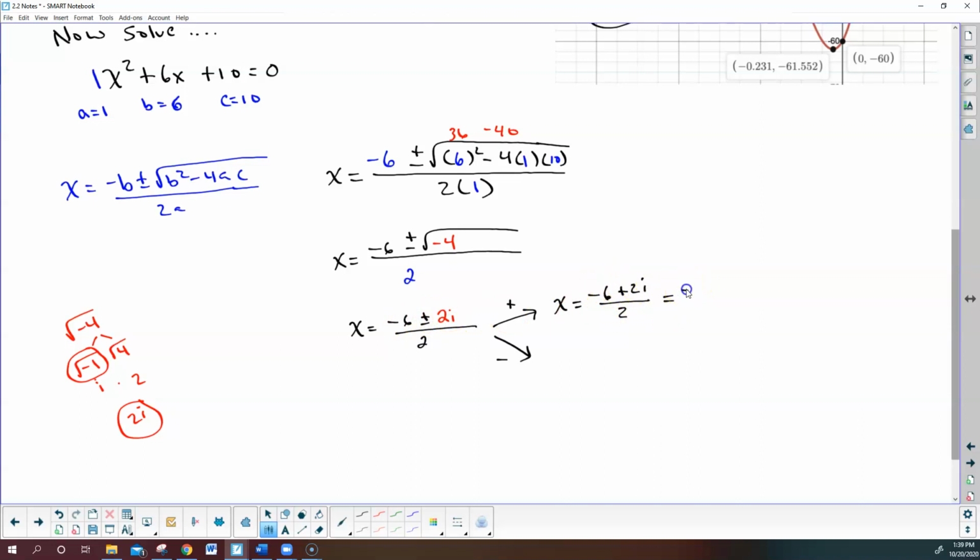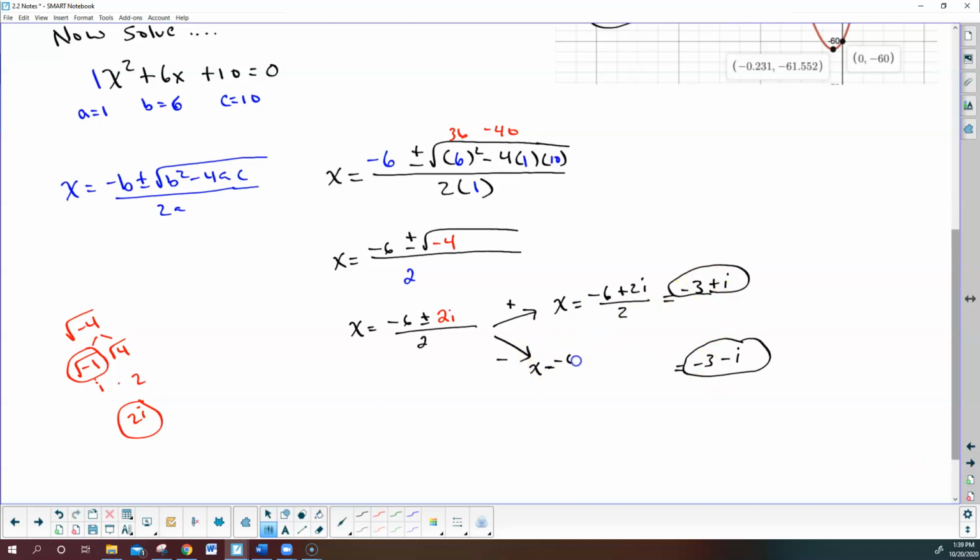Each item is divisible by 2, so 6 divided by 2 is 3, and 2 divided by 2 is 1. So here's my first solution, and you may know that its conjugate has to be a solution as well, so I should get the conjugate of this answer when I simplify using the subtraction one. That's the idea of conjugates.